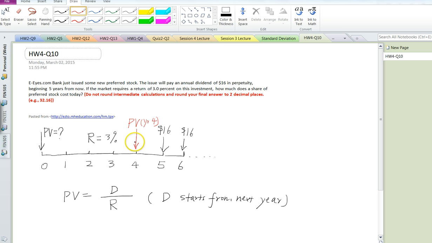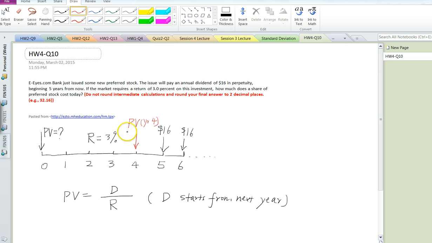So then we can solve out the present value in terms of year 4 first. But it's not done because what we need is the present value in terms of the current year, year 0, not year 4. But once we have the present value of year 4, then we can move this back to the true present by 4 years, right? When we move our baseline to the true current year, then this becomes the future value.